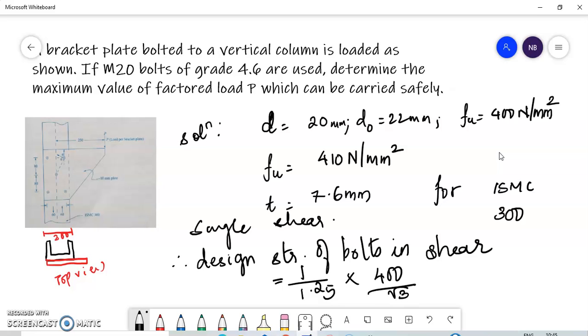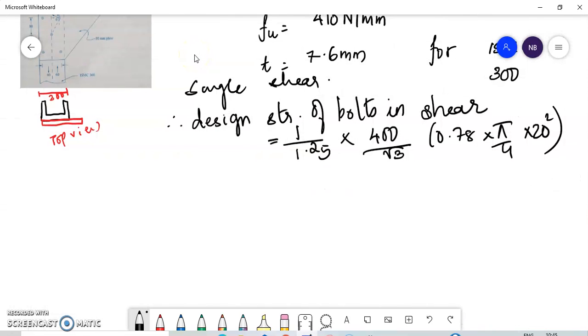That is why I have divided by the partial safety factor of 1.25. This is 45272 Newton.